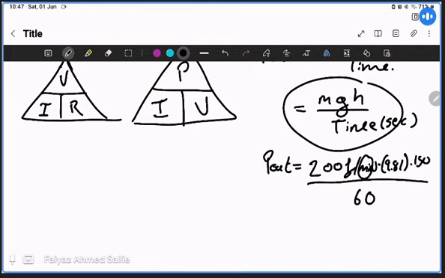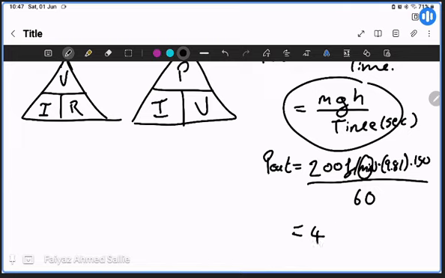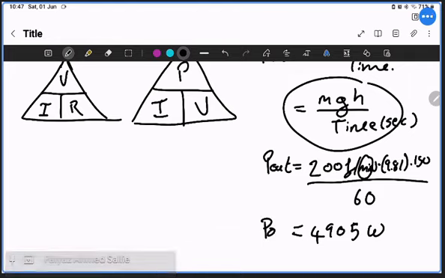So if I punch this into the calculator, 200 times 9.81 times 150 over 60, I get an answer of 4905 watts. So that is our power out.